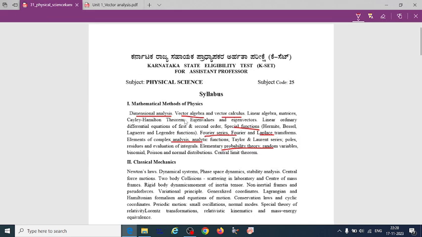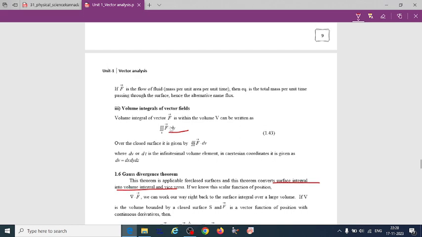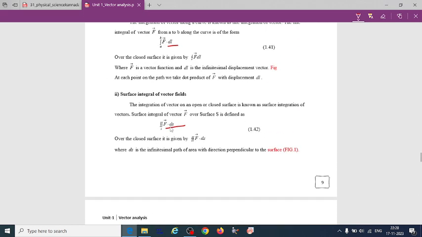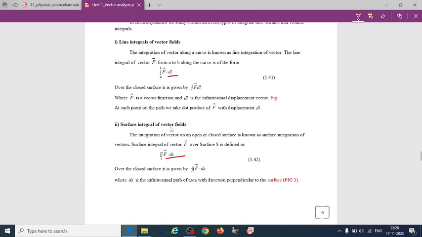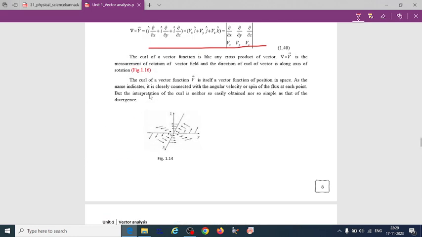First you need to understand the formulas related to scalar dot product, vector dot product, vector cross product, then scalar triple product and vector triple product, and then divergence, curl and gradient.